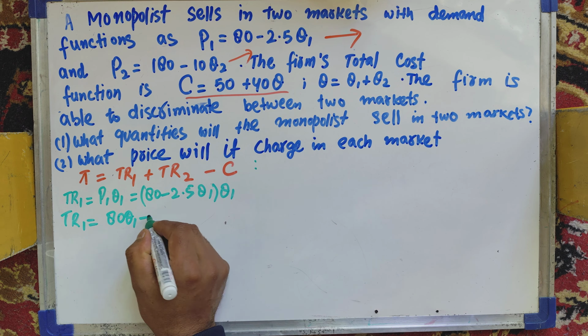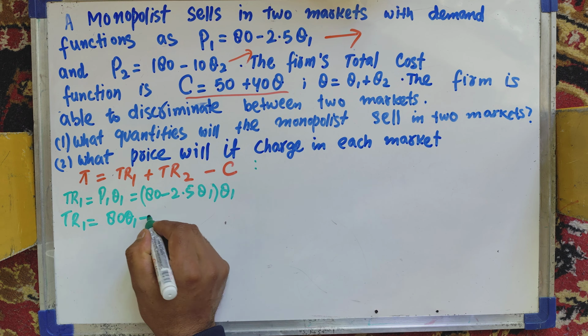What will be the marginal cost in market 1? It is the derivative of this function with respect to Q1. The derivative of 40 Q1 is 40, the derivative of a constant is 0, and the derivative of Q2 is also 0 because we are taking partials here.